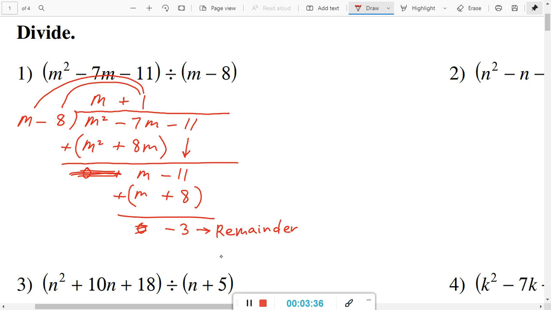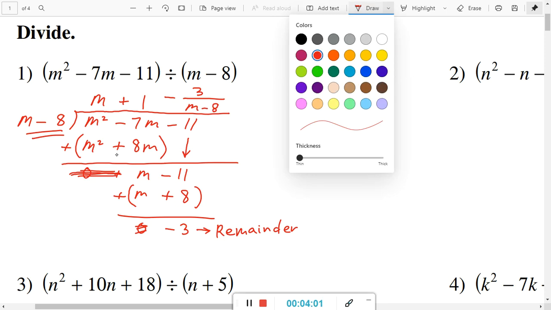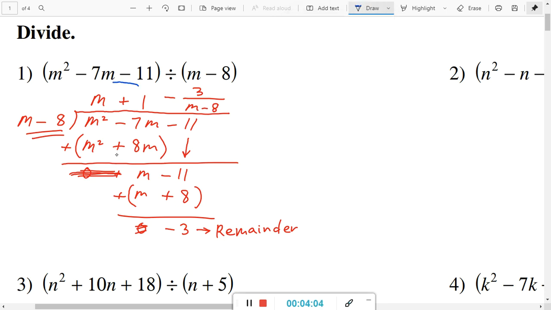Okay? And the remainder goes over this part right here. It will be in the form of a fraction. So the remainder is negative 3 over m minus 8. So we just put that on the end here. Negative 3 over m minus 8. Okay, so that's our final answer.